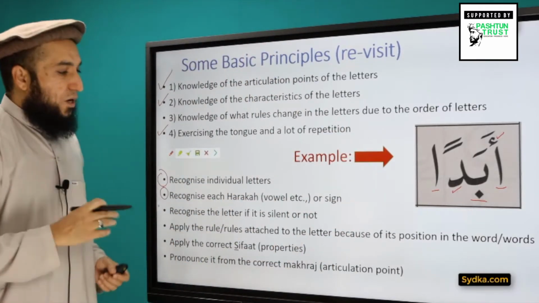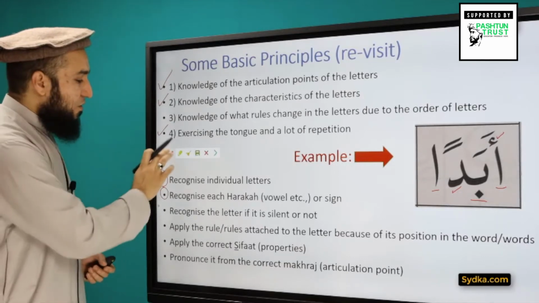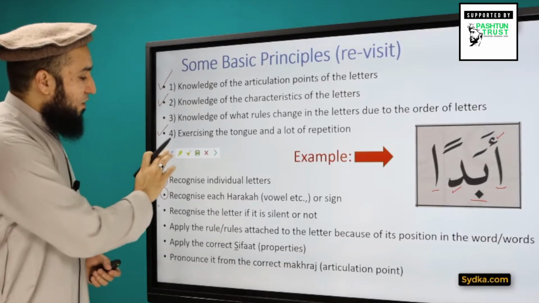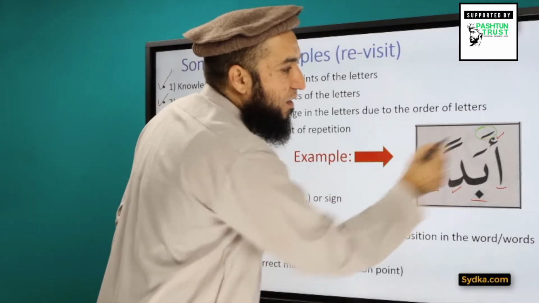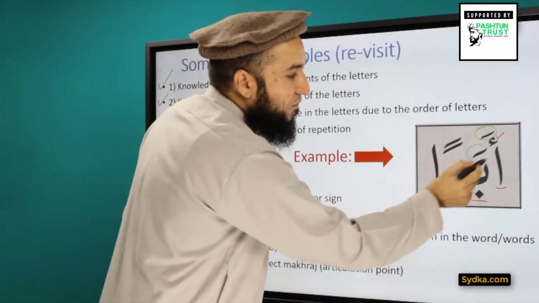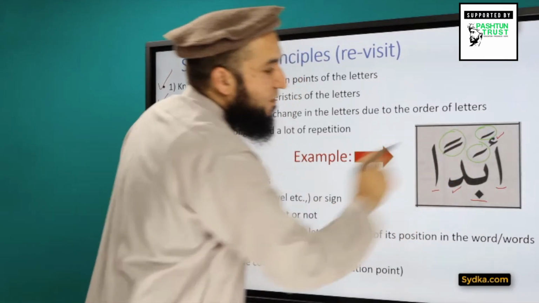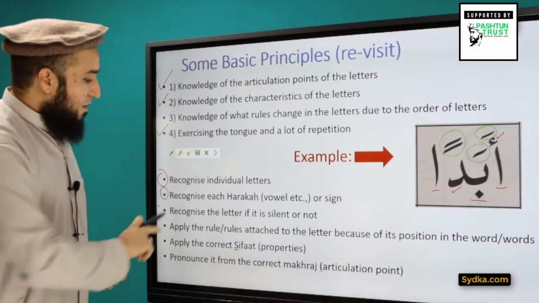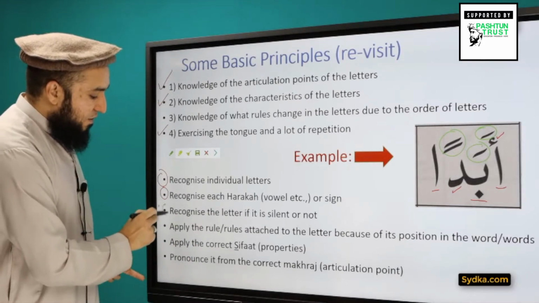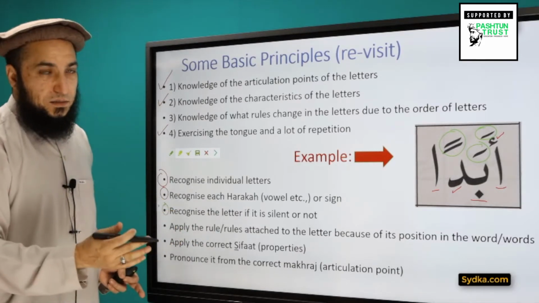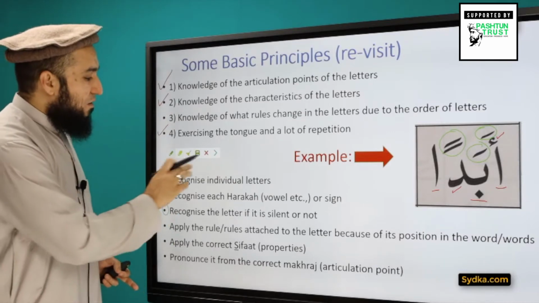In step two, we recognize the harakat that are used. The signs would be here: fatha, fatha, fathatain. Next, we have to recognize which letters are silent and which aren't.